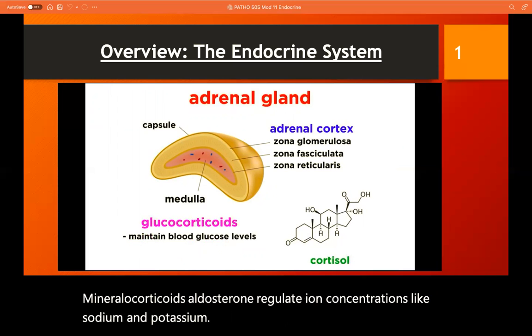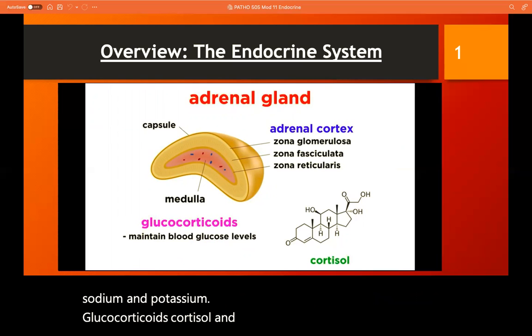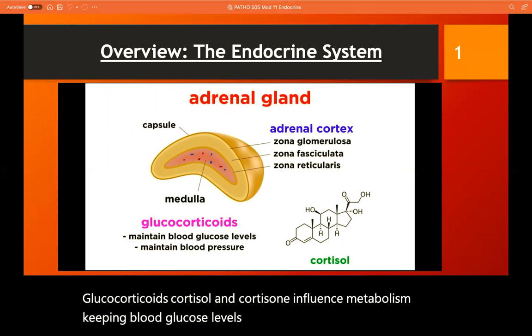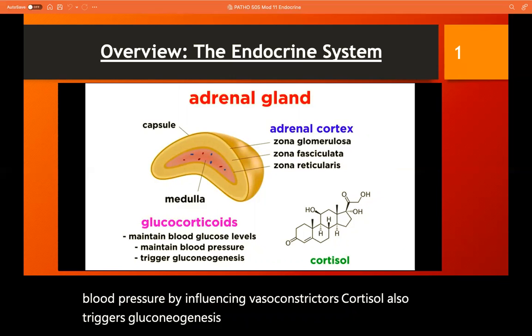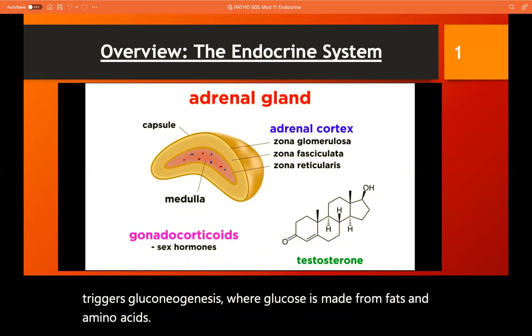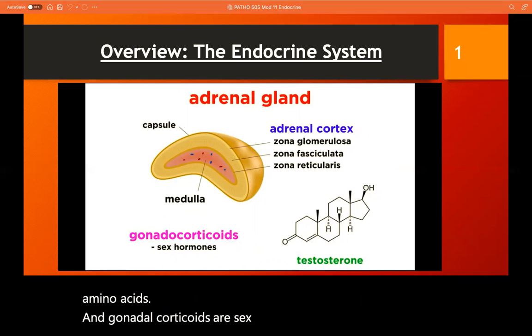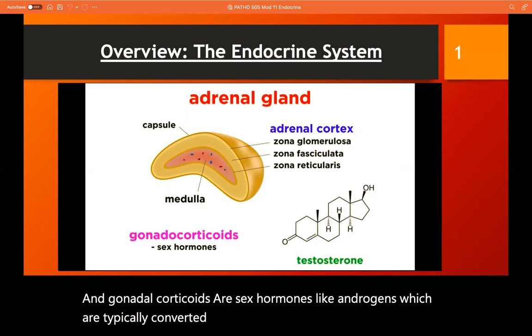Glucocorticoids, like cortisol and cortisone, influence metabolism by keeping blood glucose levels consistent. And they also maintain blood pressure by influencing vasoconstrictors. Cortisol also triggers gluconeogenesis, where glucose is made from fats and amino acids. And gonadocorticoids are sex hormones, like androgens, which are typically converted into testosterone.